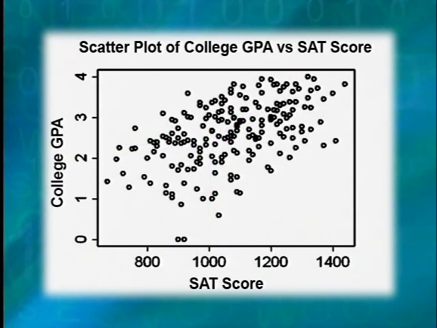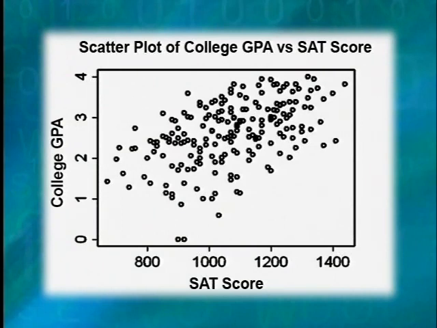And you can see that this cloud of dots generally moves up as you move to the right. In other words, higher SAT scores seem to be associated with higher grade point averages. But certainly the dots don't lie on a perfect line by any means, because not every student with a particular SAT score is going to get that particular grade.